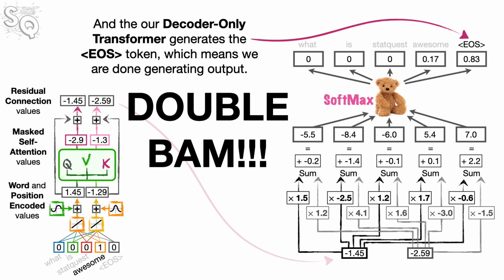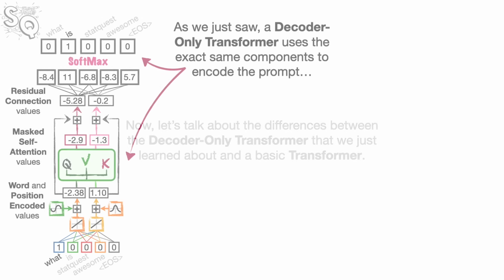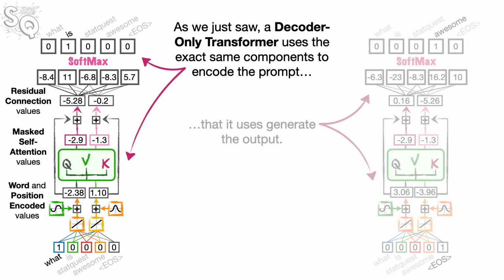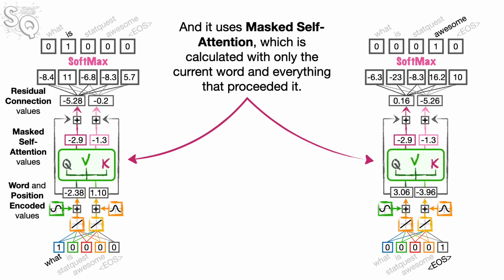Double bam! Now let's talk about the differences between the Decoder-Only Transformer that we just learned about and a basic transformer. As we just saw, a Decoder-Only Transformer uses the exact same components to encode the prompt that it uses to generate the output. And it uses masked self-attention, which is calculated with only the current word and everything that preceded it.